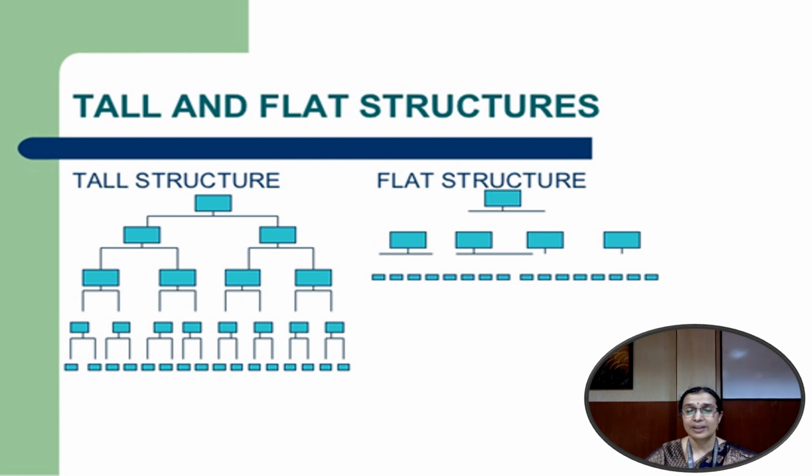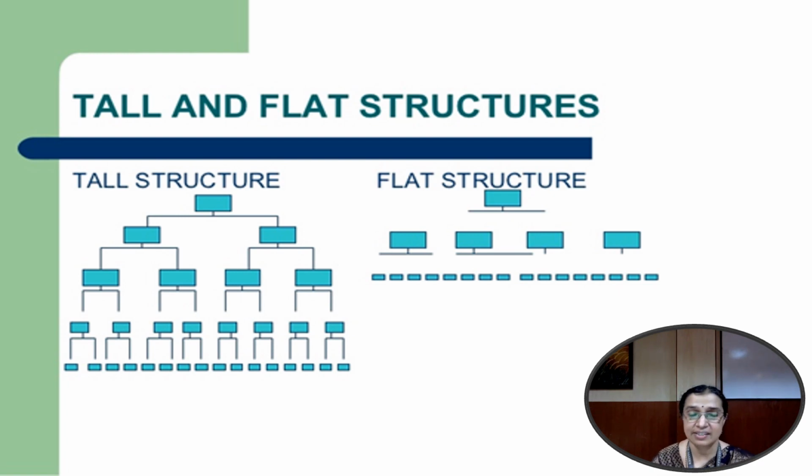Here it is represented pictorially, the tall and flat structure. As I said, under a single manager, two subordinates are there, and under each subordinate, again there are subordinates for each manager. Like that, you can see the structure is taller in nature because different hierarchical levels are there.